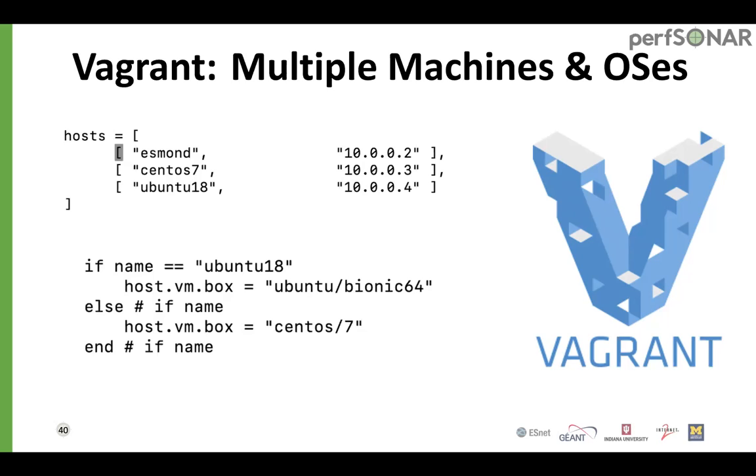In today's demo, you're going to see that it's a really simple environment that we create. We have an Esmond archiver, and we have two test points. One of them is a CentOS 7 test point. One of them is Ubuntu 18. And you can see in the Vagrantfile there are directives about which OS and how to provision it. We'll get into that. I'll show you the example that comes with the playbook right now.